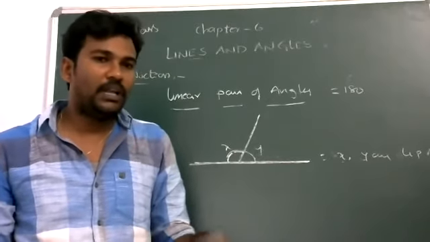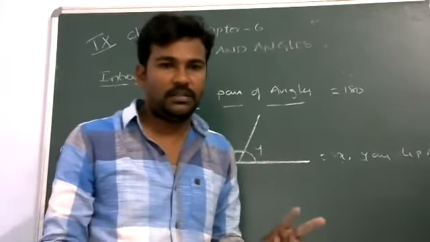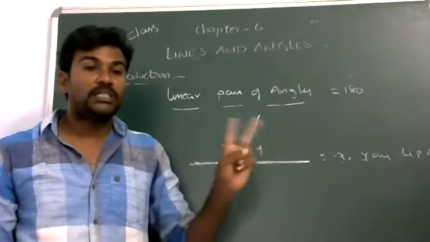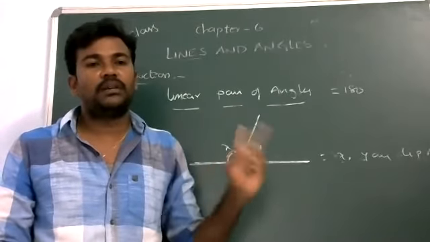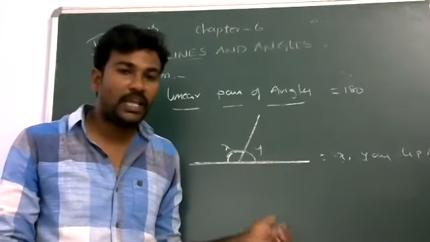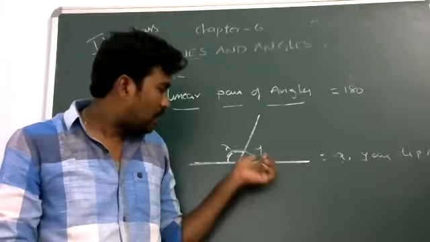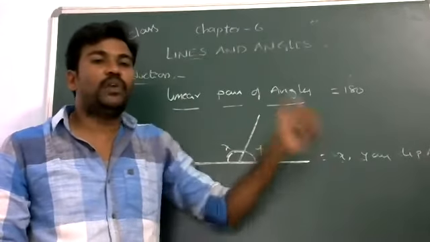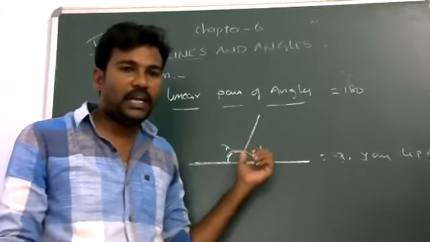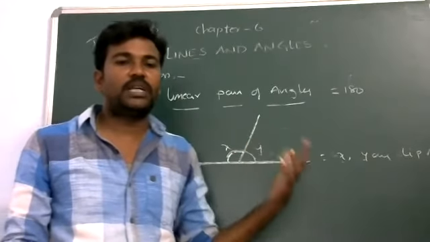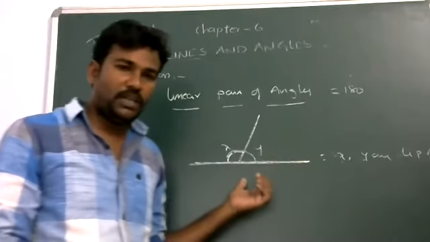In supplementary, there is no condition for adjacent. The sum of any two angles is 180 degrees, then those angles are called supplementary angles. But here, the sum of two adjacent angles is 180 degrees. Here, the word adjacent is there. Then those angles are called a linear pair of angles.